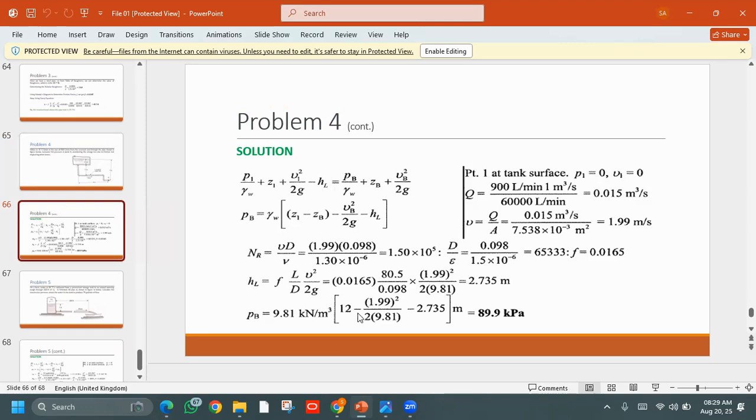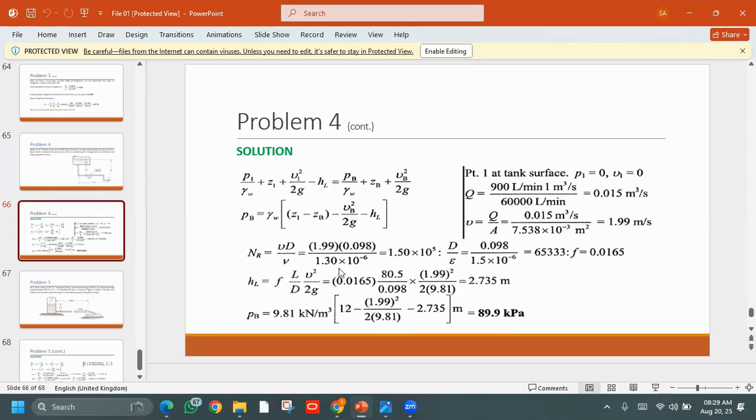So we have the velocity term v square over 2g, g equals 9.81, and we have the last value, which is the head loss. So head loss equals 2.735, which we have calculated from the Darcy equation. So we have the value of pressure at point B equal to 89.9 kilopascal.